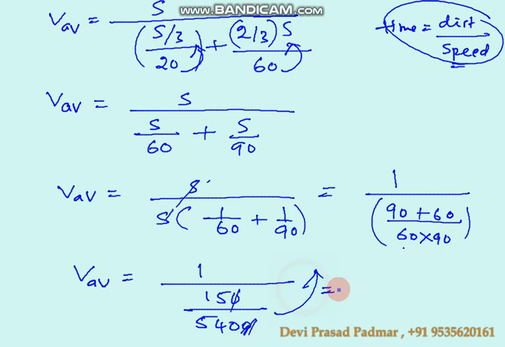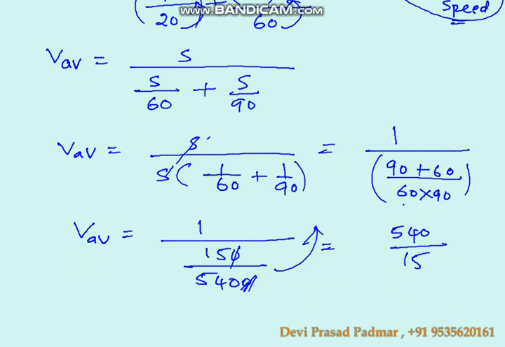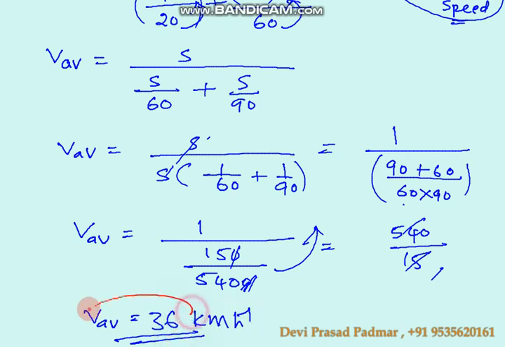If you take that to the numerator, you get 540 divided by 15. 540 divided by 15, you will get 36. It is speed, so what is the unit? As per this problem, the unit is kilometer per hour. So this is our answer.